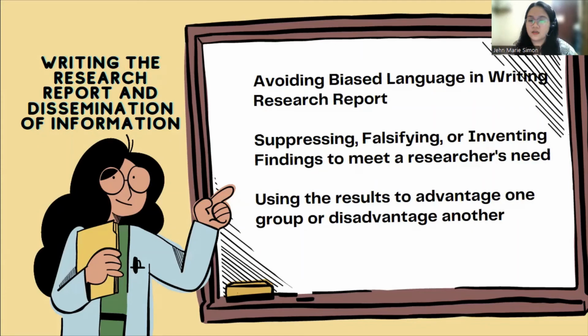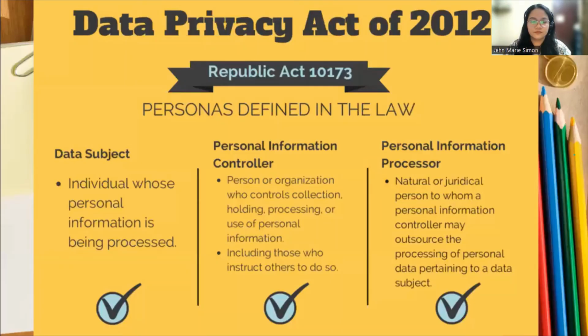You use the results in your advantage or disadvantage. Di ba? That's morally wrong. Again, those are the simple acts that we need to remember in conducting a research study.